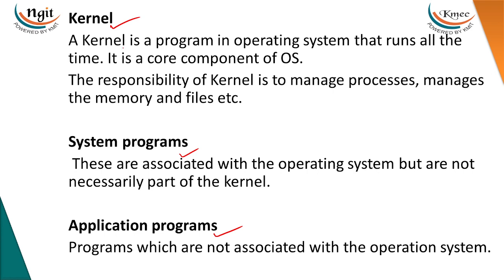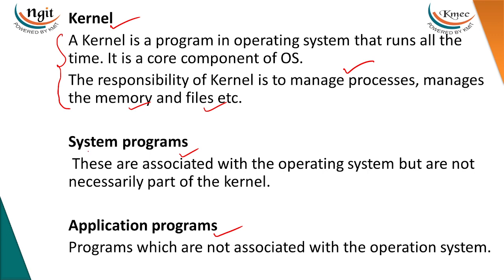Whenever you start your computer, the kernel program starts executing. Once the kernel is executing, it loads all other programs that are installed in your software. What is the responsibility of kernel? It manages the processes, the resources and files.